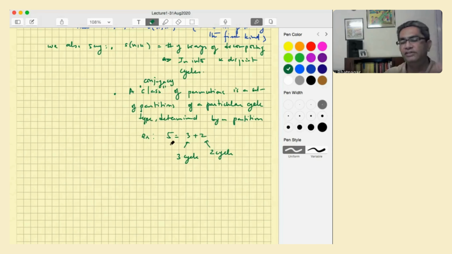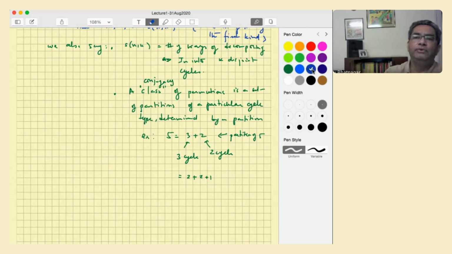So permutations of S5 can be split into these, and this is a partition of 5. Similarly, there's another partition, 2 plus 2 plus 1.